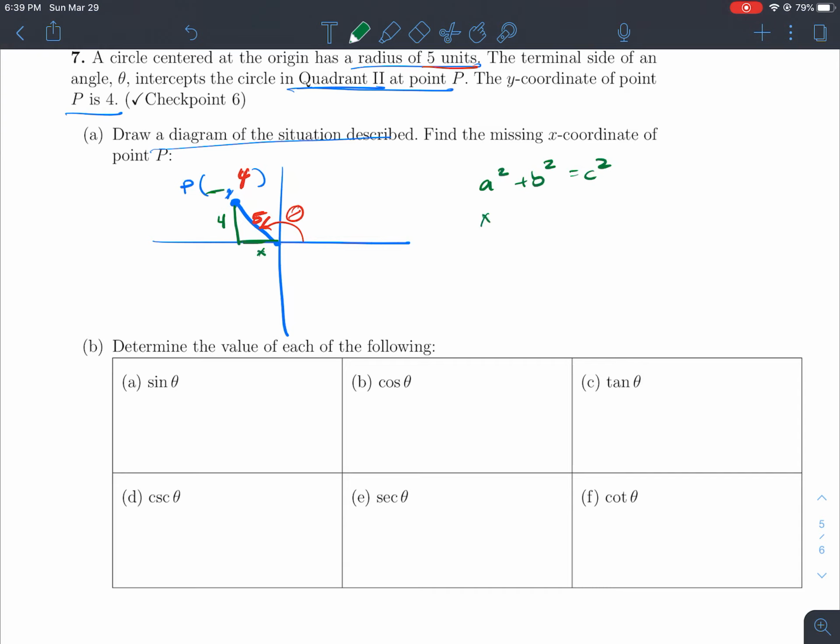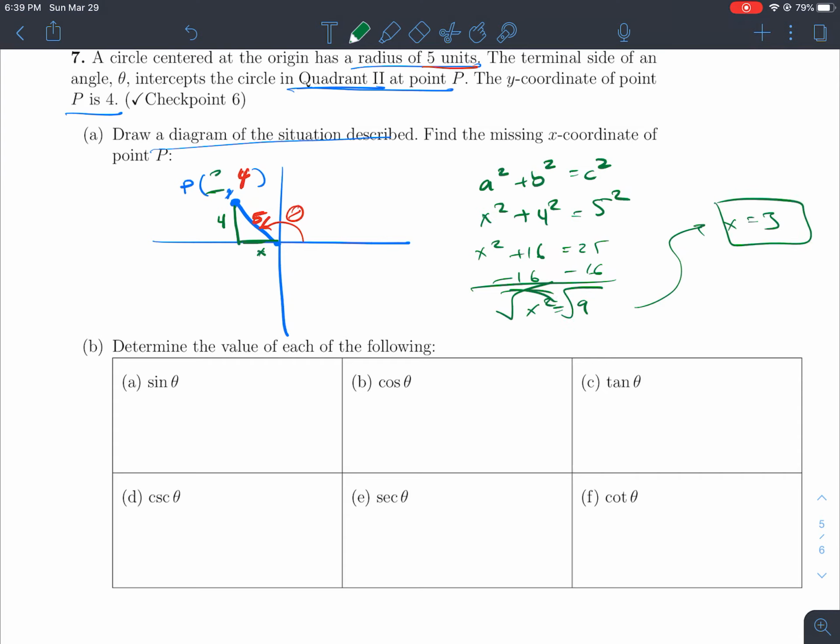We plug in x for a, 4 for b, 5 for c. So x must be 3. But pause for a second, because we went back 3, so it should be negative 3.